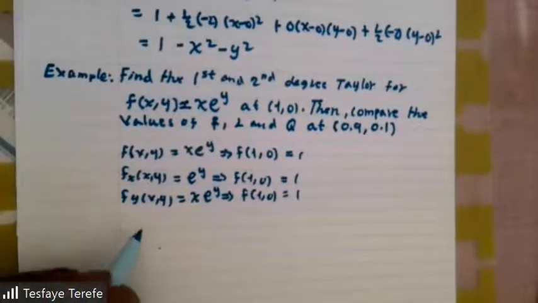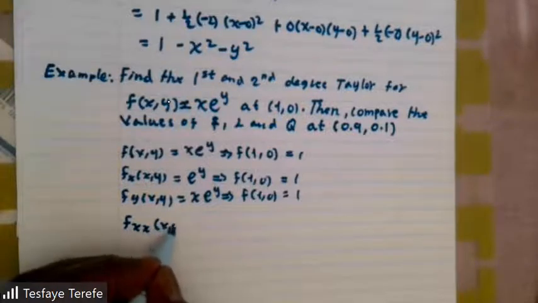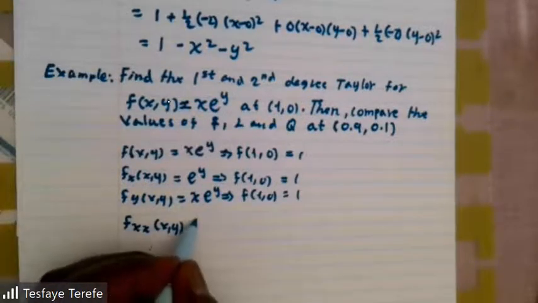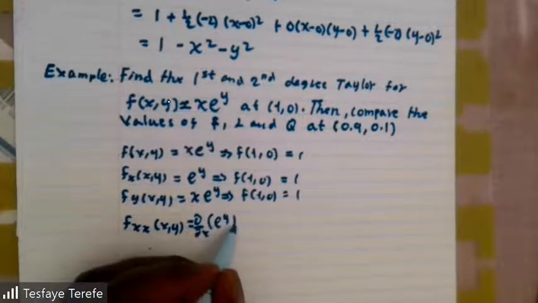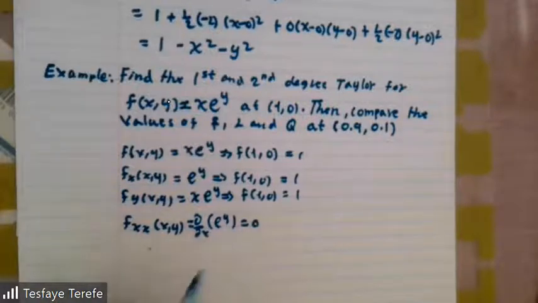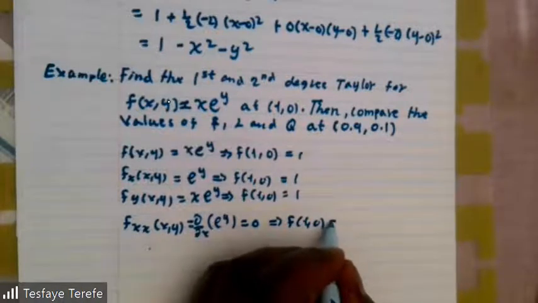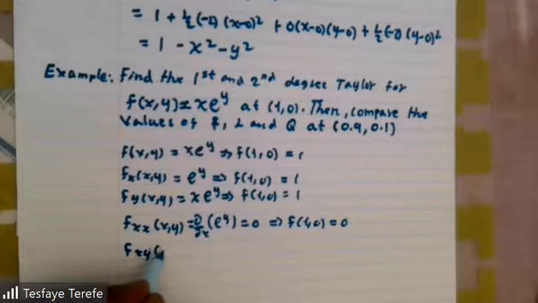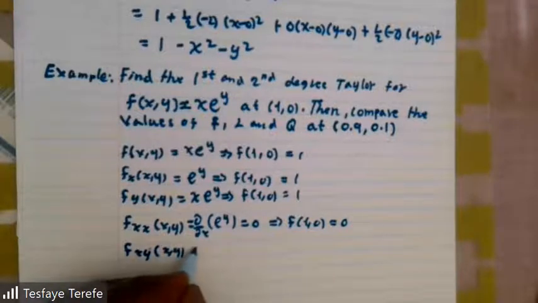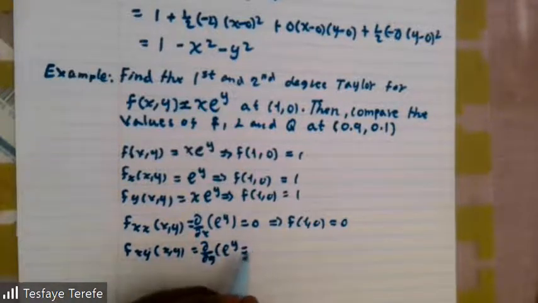And now let us find the second partial derivatives. The second partial derivative with respect to x means we are differentiating e raised to y with respect to x, and that is 0. And obviously, at (1, 0) it is going to be 0. And the partial derivative with respect to x, then we are going to differentiate it with respect to y. So I am going to differentiate e raised to y with respect to y. That is simply e raised to y.